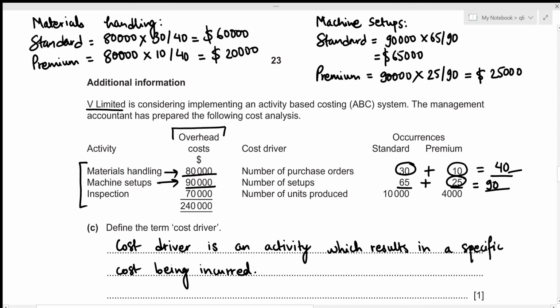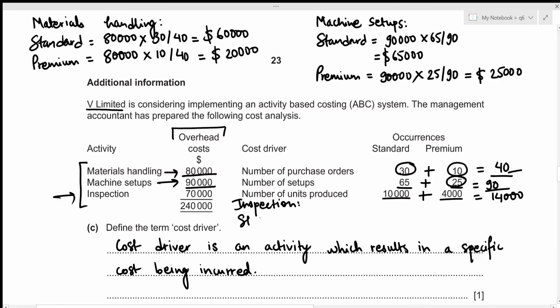All right. So the last one we have is that of inspection. And the basis for apportionment would be number of units produced. And we know that for standard it was 10,000 and for premium it's 4,000. Let's figure out the total. That's just going to be 10,000 plus 4,000, which results in 14,000. All right, let's distribute this.